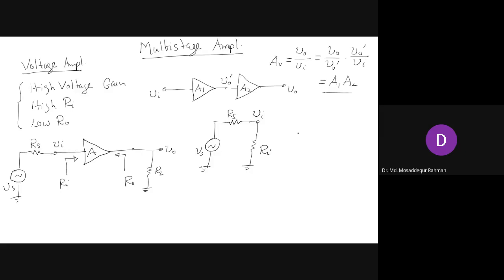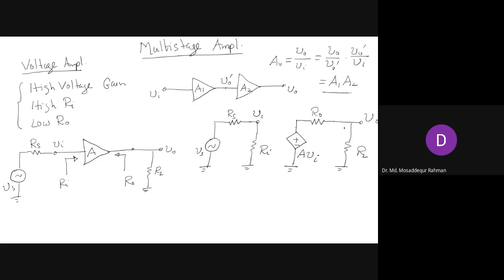So at the output side, we can show this by a dependent voltage source, AVi. Then the output resistance R0 of the amplifier comes in series with this source, and then you have the load RL connected, and that is the voltage V0.